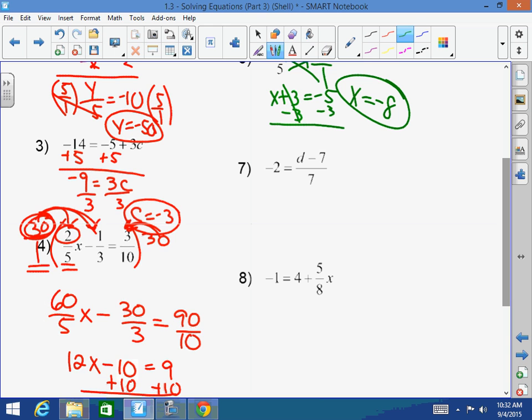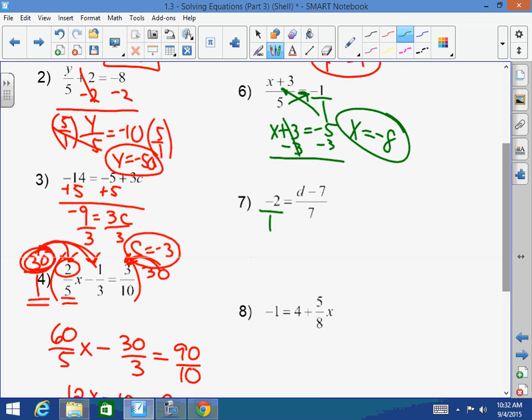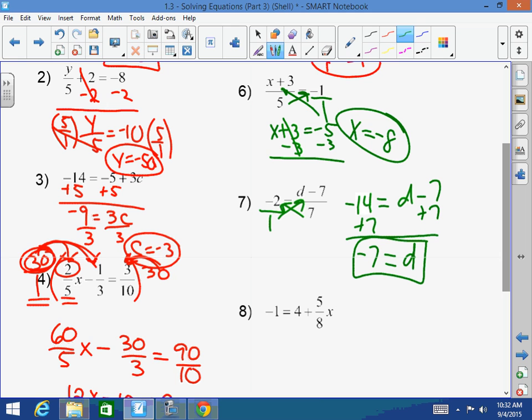Same thing here, gentlemen. Put that negative 2 over 1, cross multiply. So I've got negative 14 equals d minus 7. Add the 7 to both sides, and negative 7 equals d. Is that good?